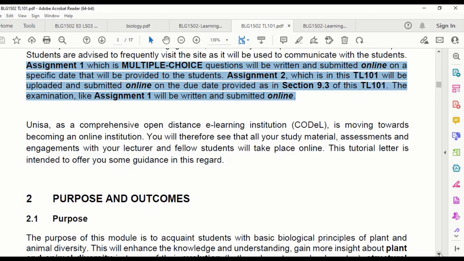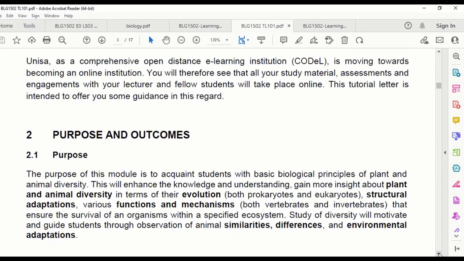So the best advice is to get your assignments ready so that you can upload them a day before the deadline, or if you are a good student, which I know that you are, a few days or 3 days before, so that you don't have these administrative problems which might cause you unnecessary problems.